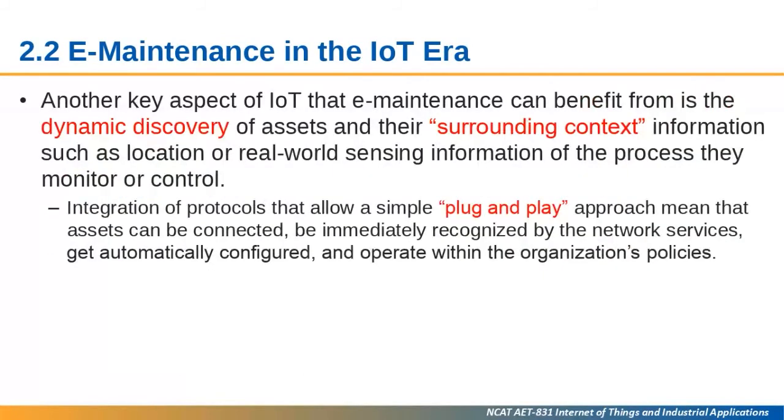Another key aspect of IoT that e-maintenance can benefit from is the dynamic discovery of assets and their surrounding context. Basically, it's just like the plug-and-play approach. Plug-and-play means, for example, you should have a Wi-Fi router in your house, right?